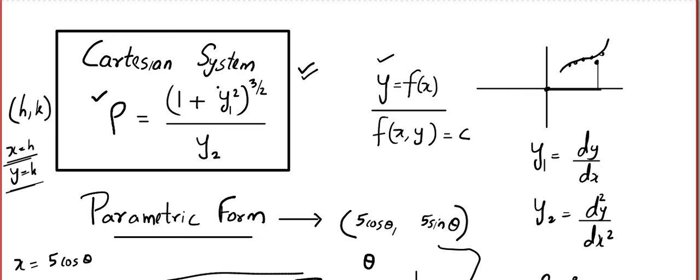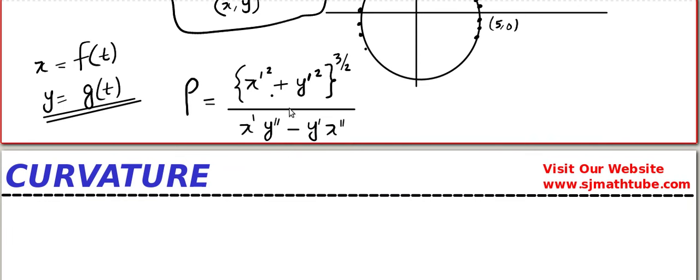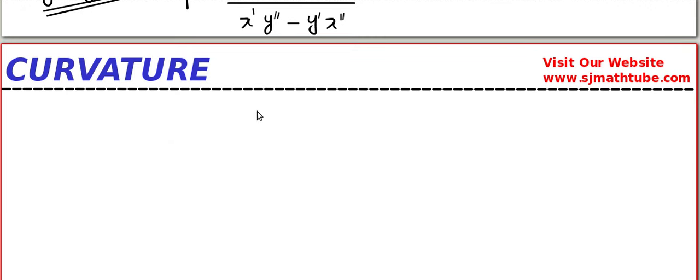I am warning you, if you are good in differentiation, then you don't have to study the second formula. By the way, if you are a little bit weak in differentiation, I will strongly suggest follow this formula. Anyway, before I wind up this first video, let's do some simple questions in radius of curvature.